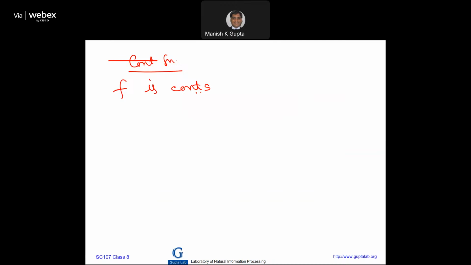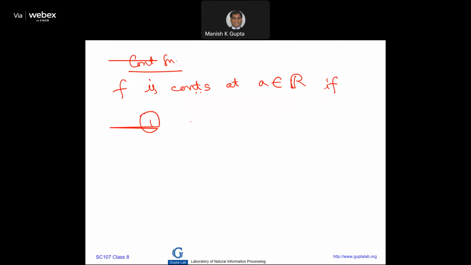The mathematician always likes writing shorthand. Why write so much language, right? So function is continuous at a point a on the real line if three conditions are satisfied.